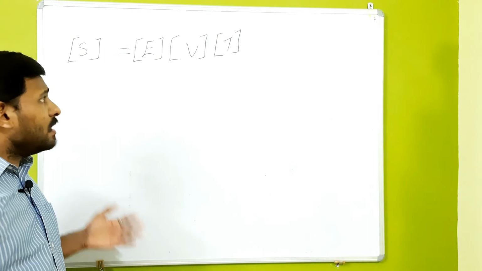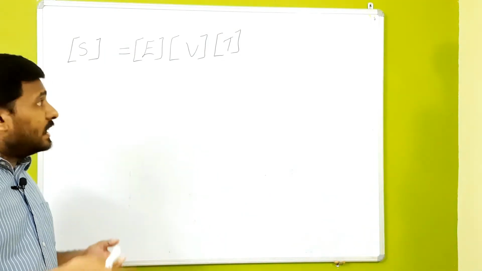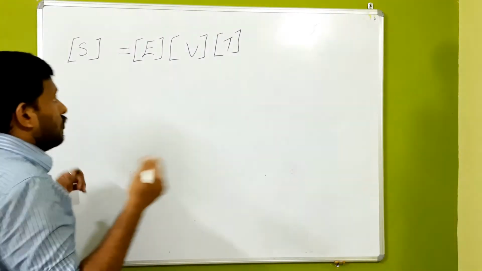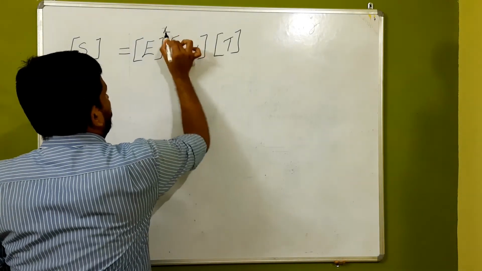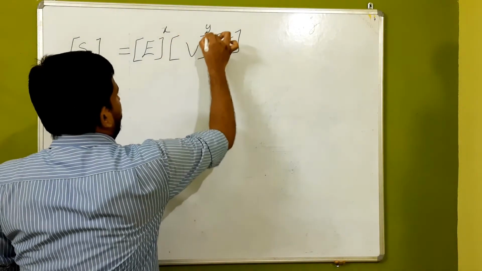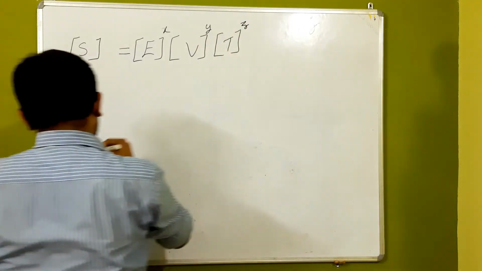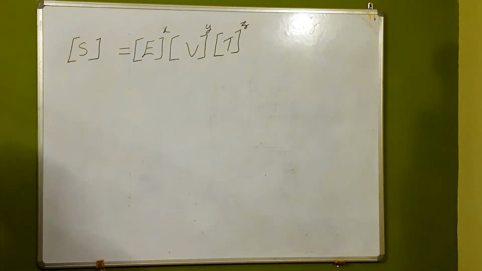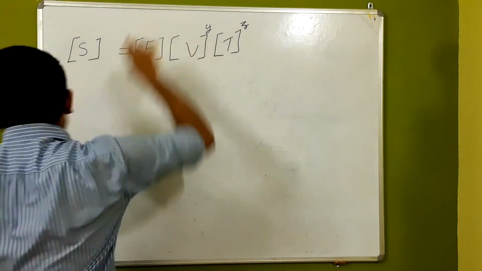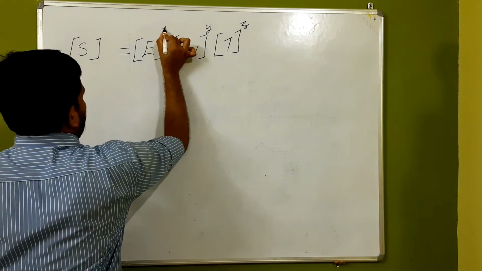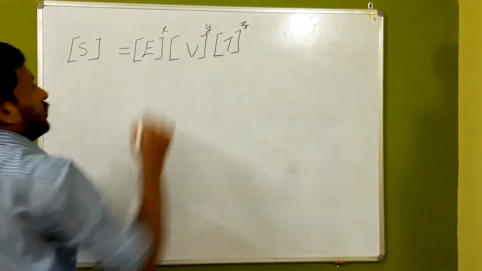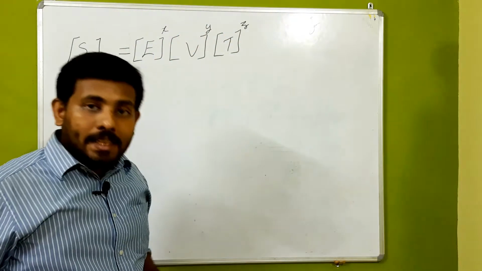This is the same as we have done in the earlier question. So what we do, we will put here as x and we have y here and z here. So energy to the power x, velocity to the power y and time to the power z.